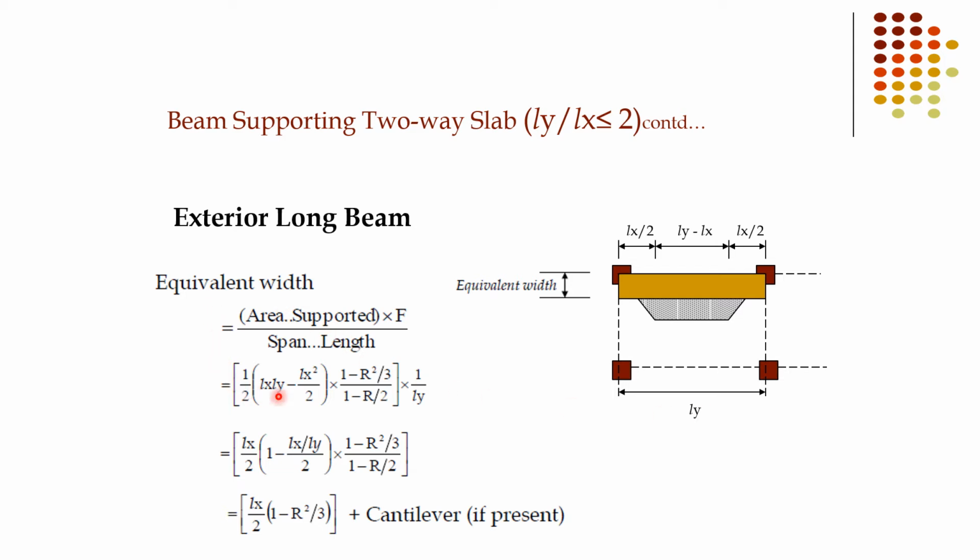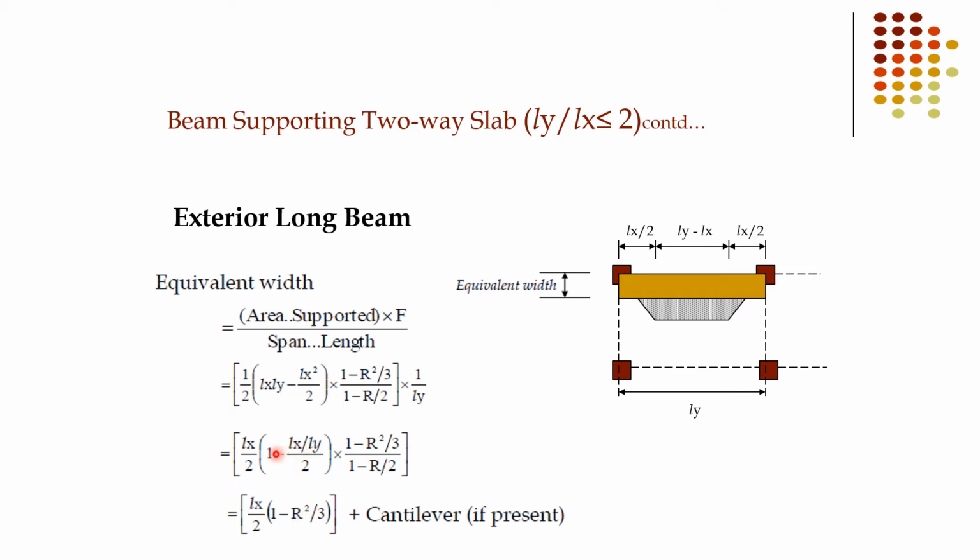So here 1 by 2 lx into ly, so I will divide with ly. Just take common lx from outside in this portion, lx by 2, and divide with ly. Our ly will be cancelled out, and here one lx will remain and lx by ly will come, and lx over ly is equal to r.